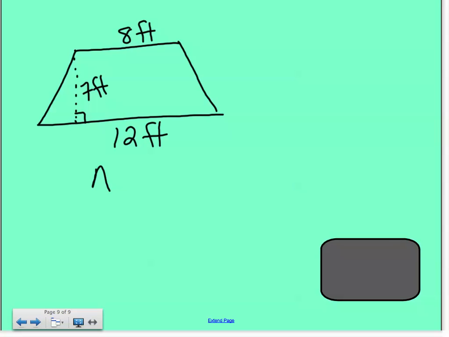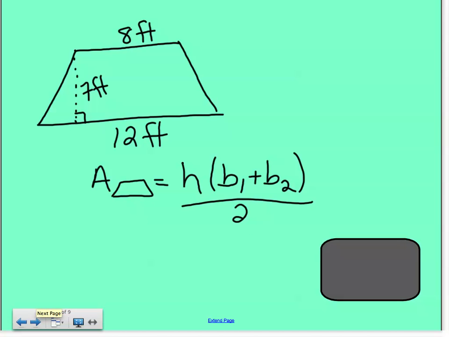The last one is a trapezoid. So if I were to find the area of a trapezoid, I would need to find the height times the quantity of base 1 plus base 2, all divided by 2. So I'm going to label here. I'm going to say that 7 is my height, and that 8 is base 1, and 12 is base 2. Now all I'm going to do is plug in those values for their variables here.